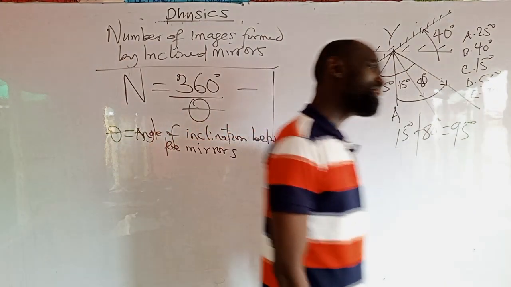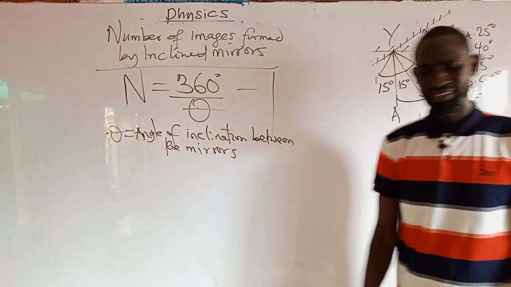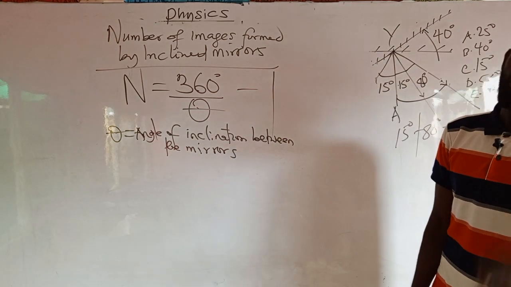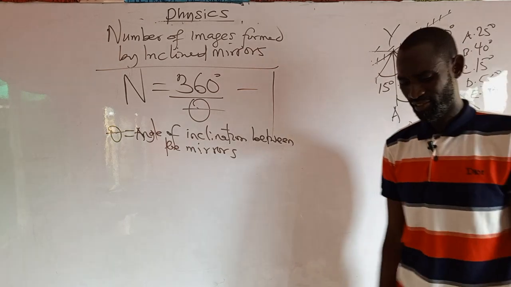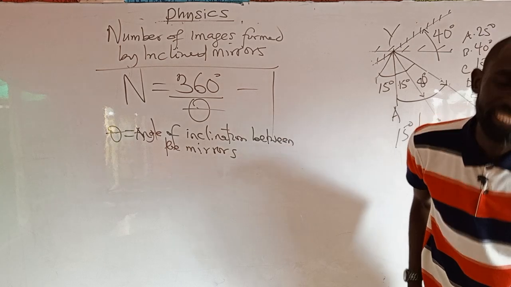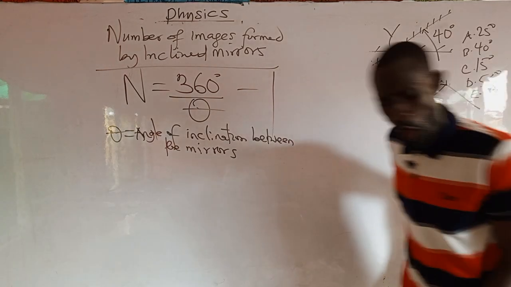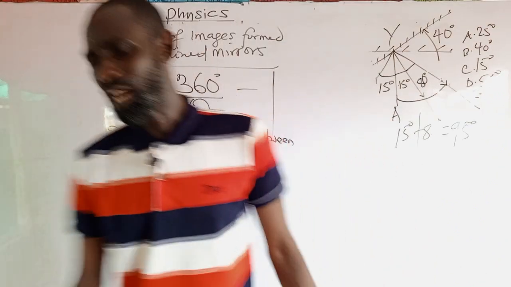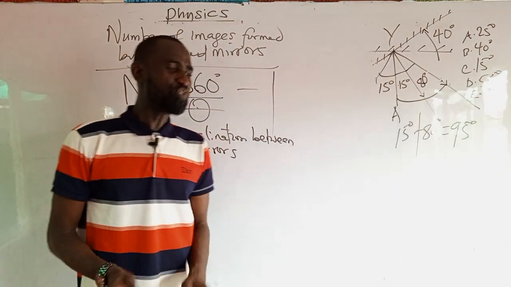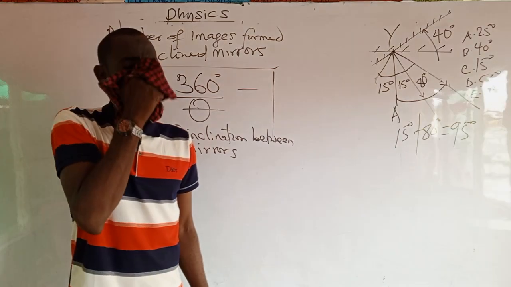And note, whenever mirrors are placed parallel to one another, the number of images formed is infinite. As in the case of mirrors in a barber shop, JAMB always asks that question. Find the number of images formed by mirrors in a barber shop.